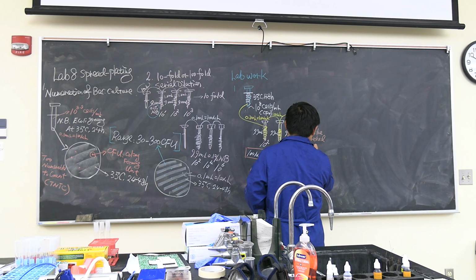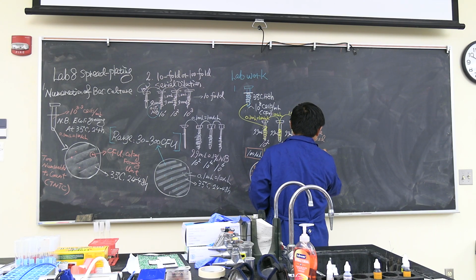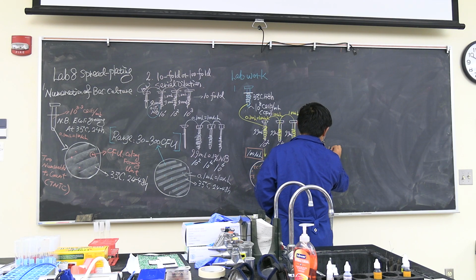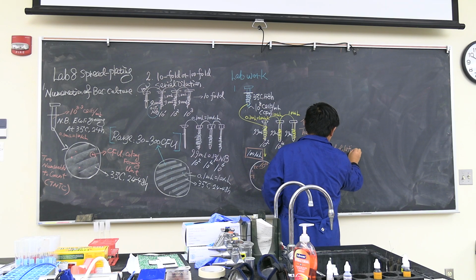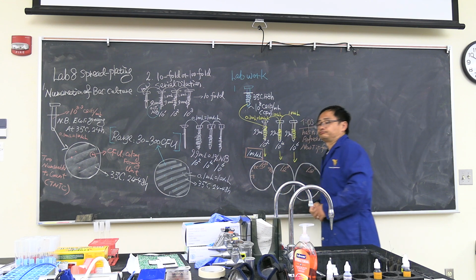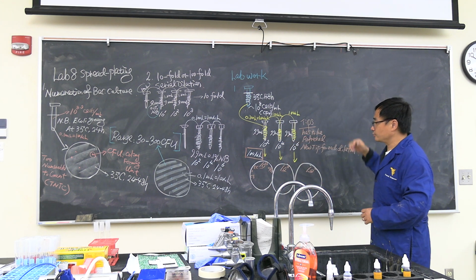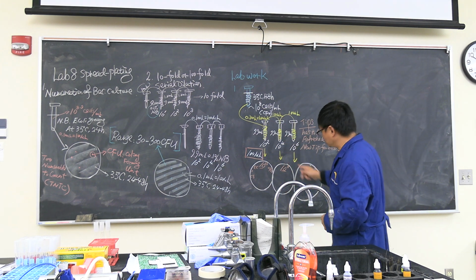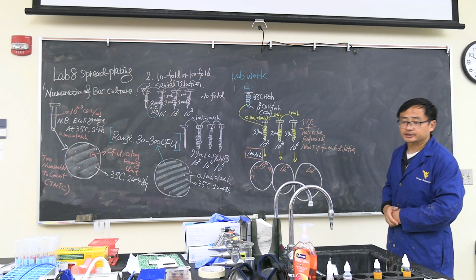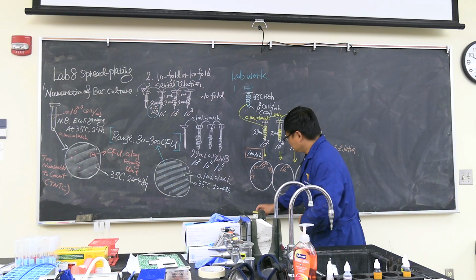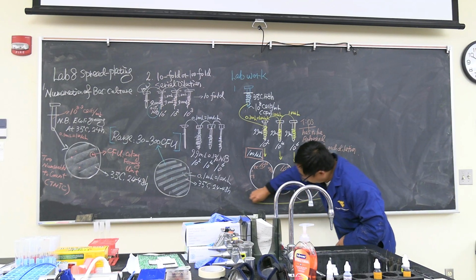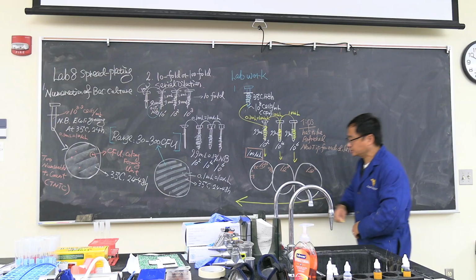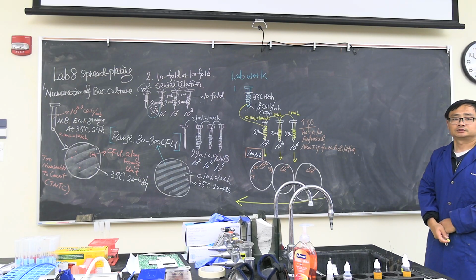That means a new tip for each dilution. So let's say all these tubes are ready. Now we're going to add onto these plates. When we add, always add from the highest to the lowest dilution factor. Only need 1 tip.